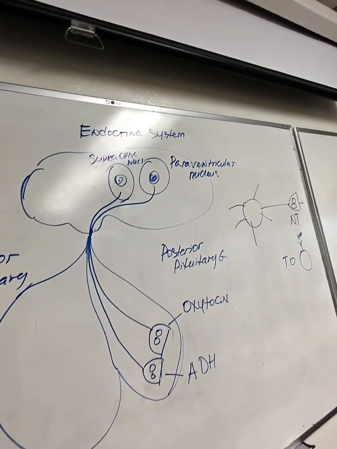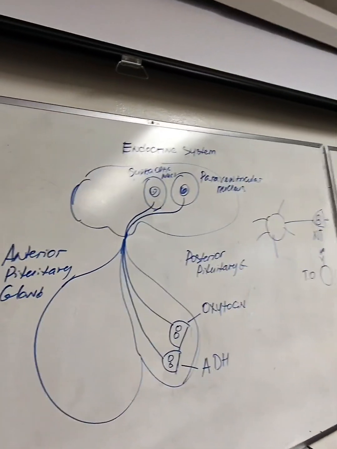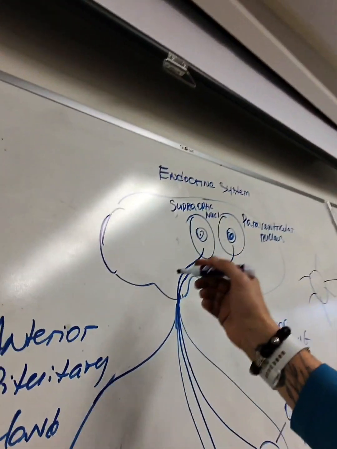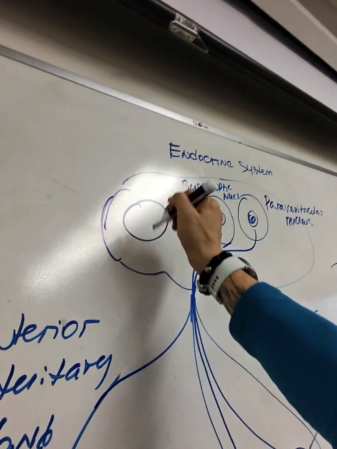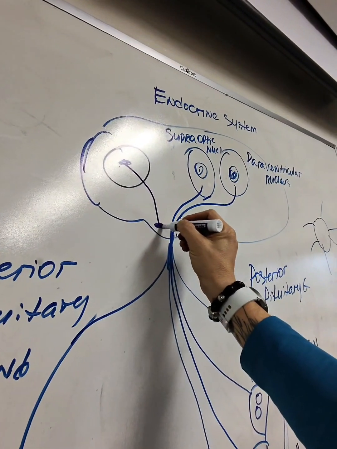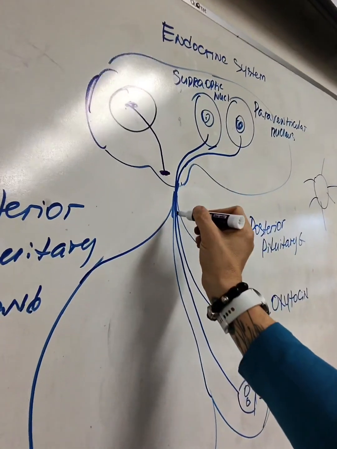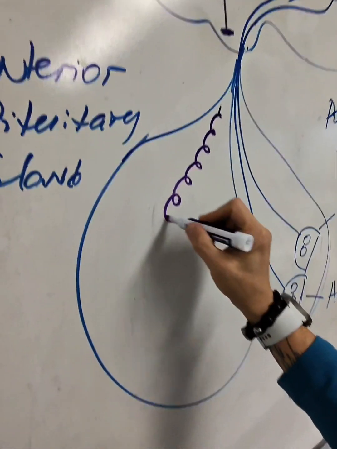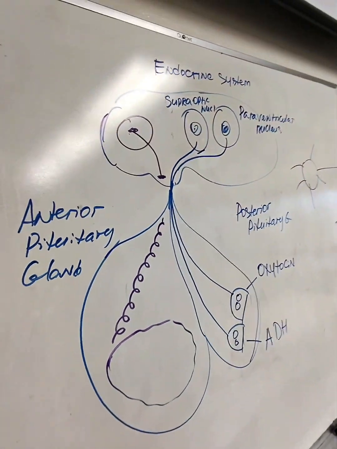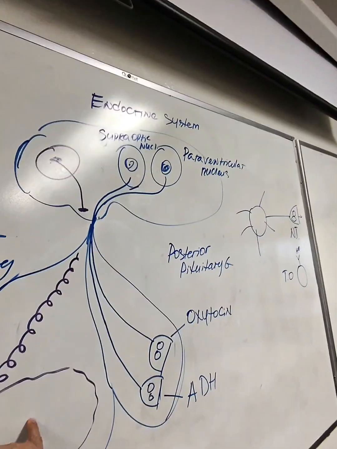With the anterior pituitary gland, we also have those hypothalamic neurons, right? But here's the difference. So here you have the cell body, right? And here's the axon, and it stops here. So then there is a vascular system, and here's a follicular space, follicles. We're making hormones here.